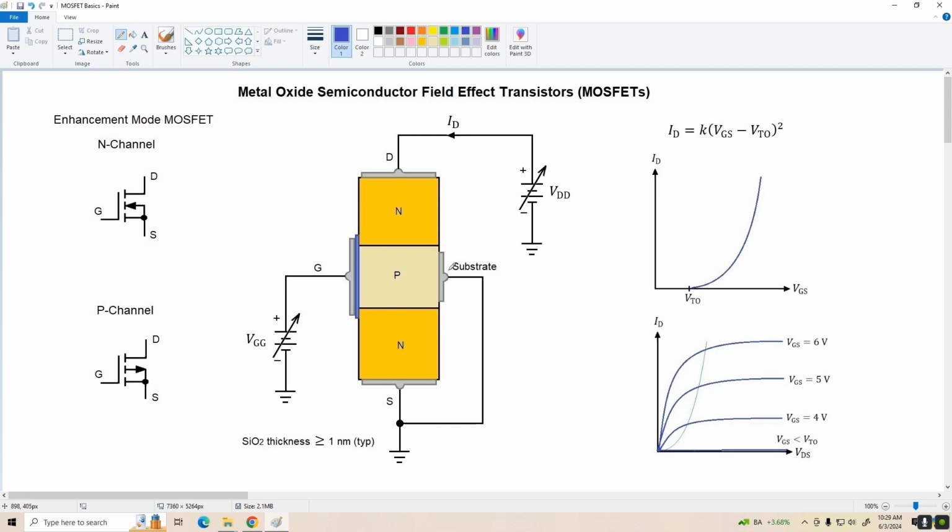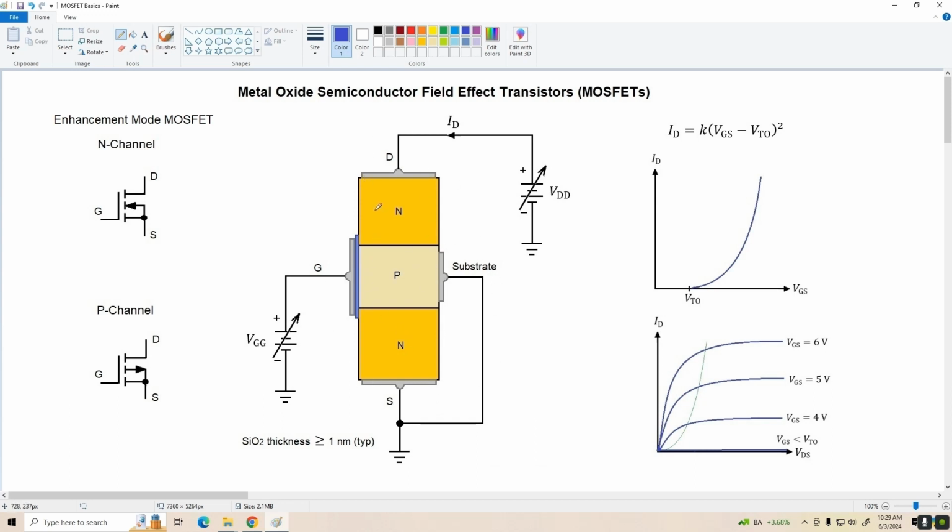So generally the substrate is connected to the source terminal, and we treat this as a three-terminal device. In some cases the substrate is also called the body terminal, and in integrated circuit applications, it's generally connected to the most negative point in the circuit. But for a discrete device like this, we just connect it right to the source.